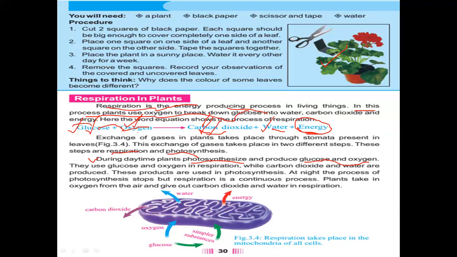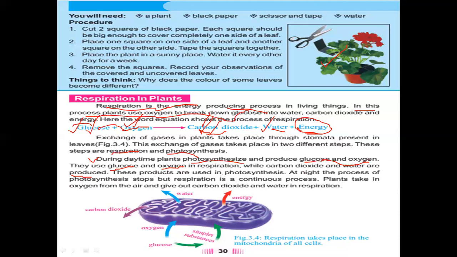So respiration is opposite of photosynthesis. They use this glucose and oxygen in respiration, the same which they produce in the photosynthesis process. Carbon dioxide and water are produced in this process, and that carbon dioxide and water are again utilized by the photosynthesis process.